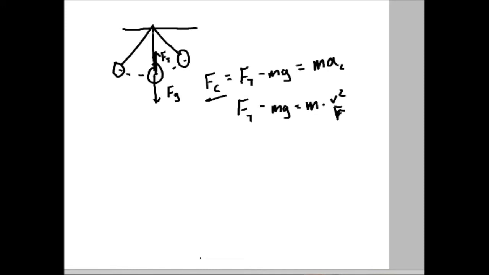The length of the pendulum remains constant. But what does increase at that bottommost point is that velocity. Now, mass doesn't change, gravity doesn't change. If this term goes up, that term has to go up also, which means you have maximum tension at that bottom point.